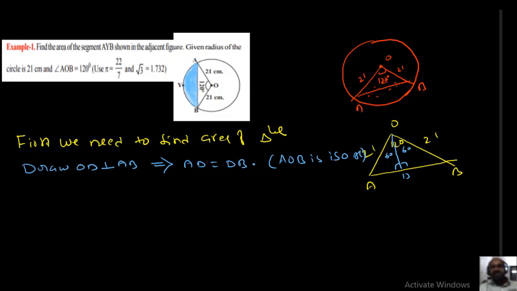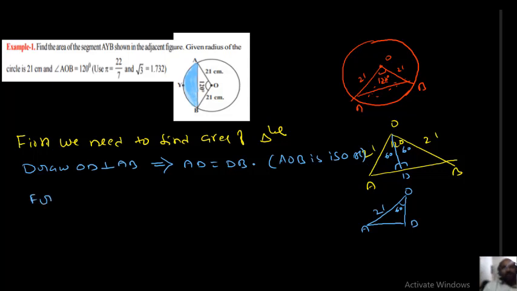This is 60. Our target is to find the height and base to find the area. Now I use a small right triangle, using basic trigonometric ratios. This is O, this is D, this is A, this is 60 degrees.